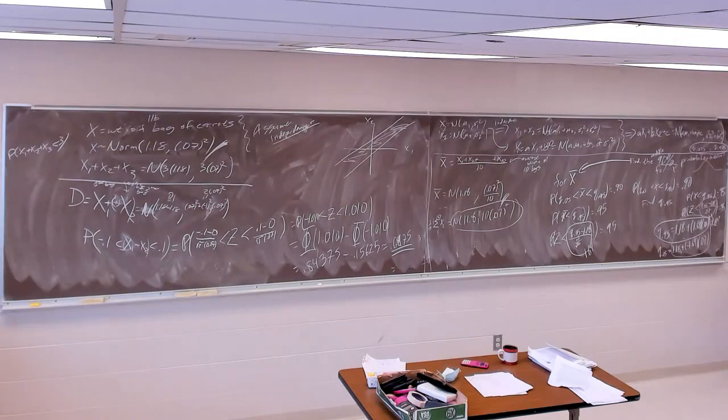because for the standard normal random variable, 1.64 is the number where 95% of the probability is to the left of it.